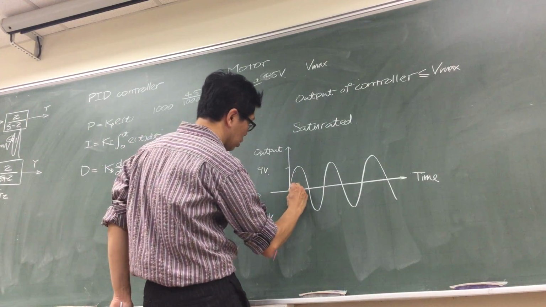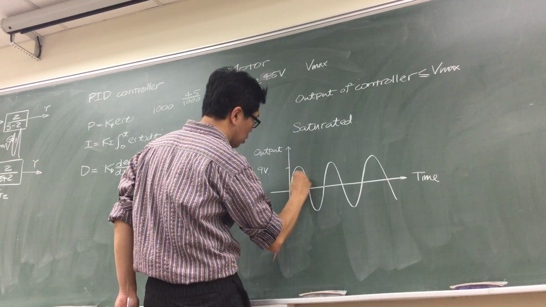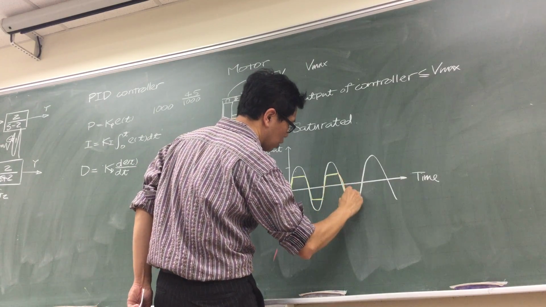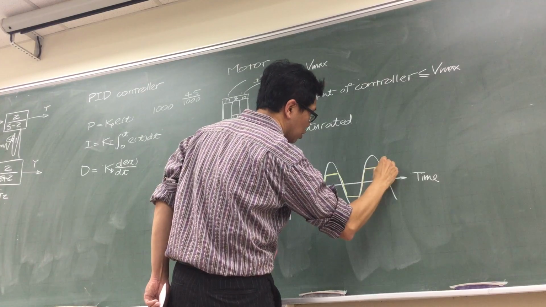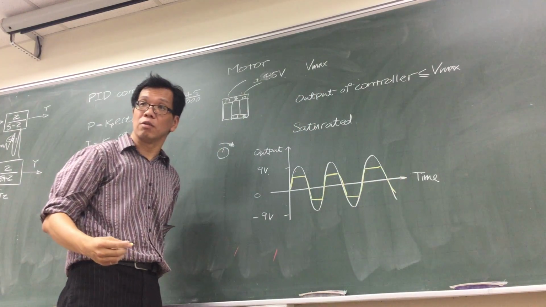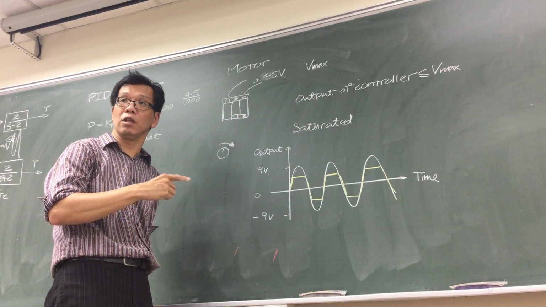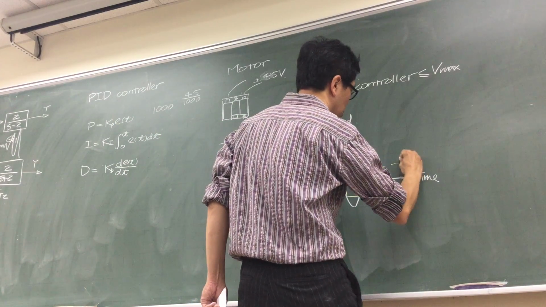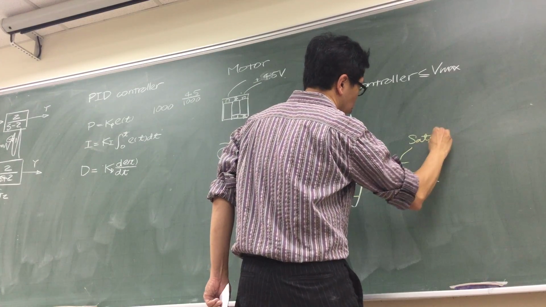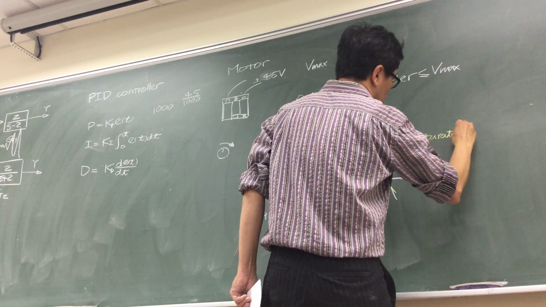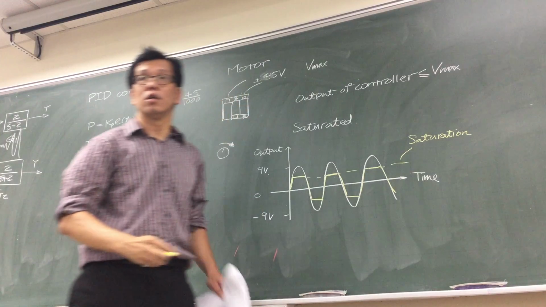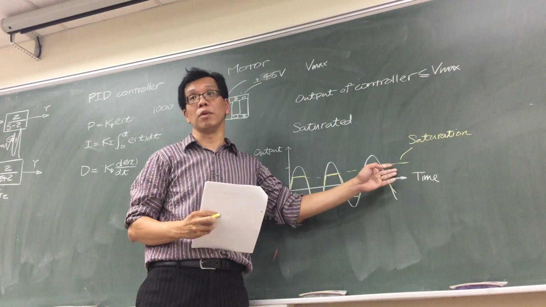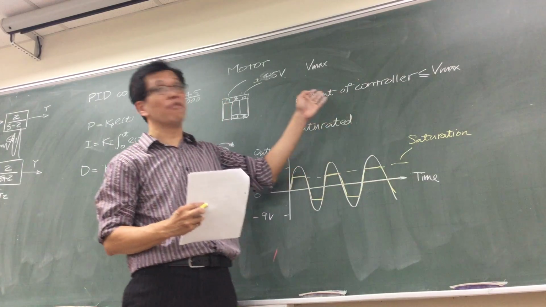Everything is going to be truncated. I think you used this when you were learning electronics. This one over here, we call it saturation. Anything greater than this number, you cannot implement. You can only implement 4.5 volts.